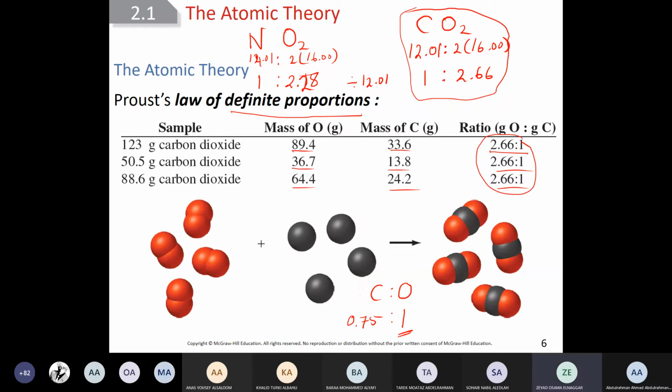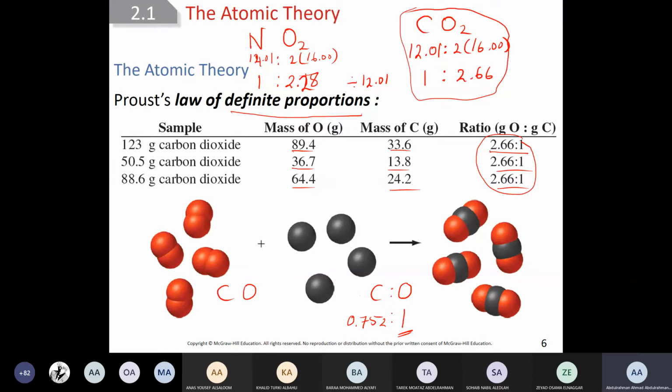It is 0.752 if you want to be exact. If the ratio changes, that means the compound changes. You can never have a different ratio in the same compound.